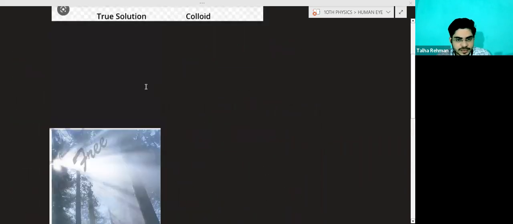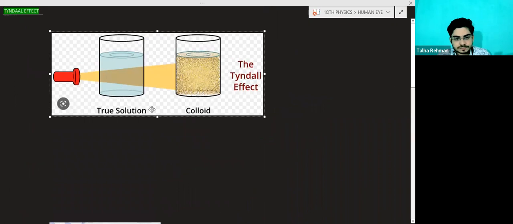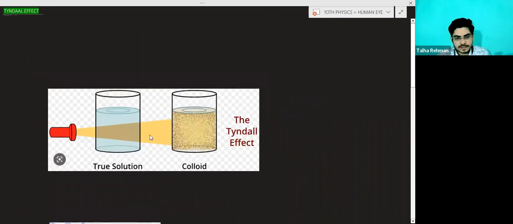You can take one more example here. Suppose this is a normal solution, like a water and salt solution. Salt is completely dissolvable in water. And this is the colloidal solution.